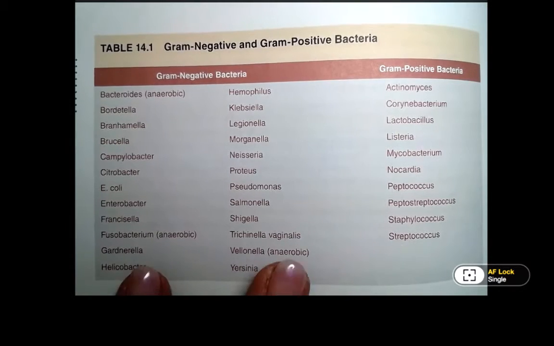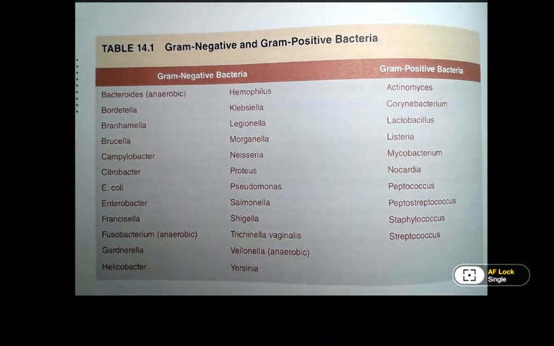For example, here's E. coli. E. coli, as we know, can cause urinary tract infections and pretty horrific GI infections, especially in small children. So you really have to capture the information you need about what's causing an infection so you can start treating it. That is very important.